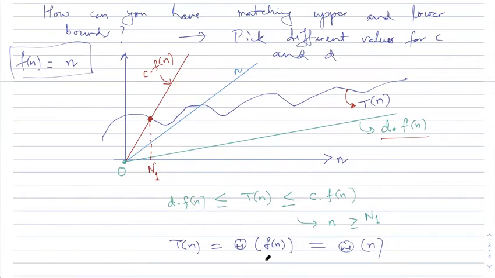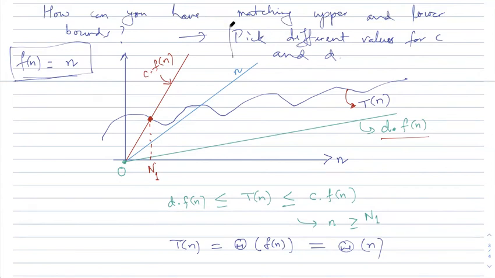This one? As I said, here you have chosen f of n to be n, right? And then you chose a constant d such that d times f of n is always below this t of n. And you have chosen another constant.